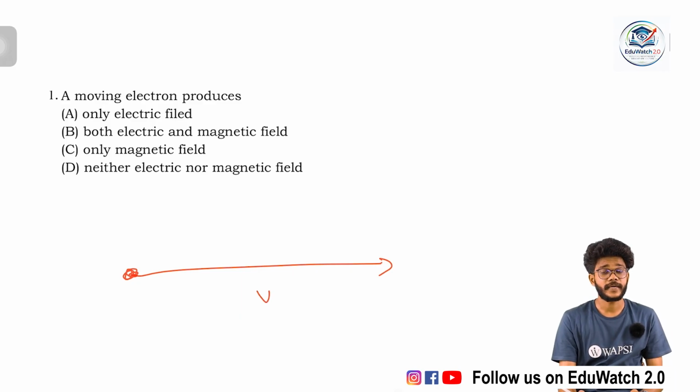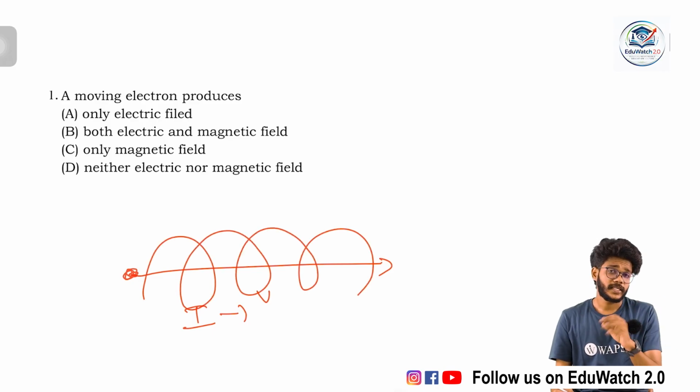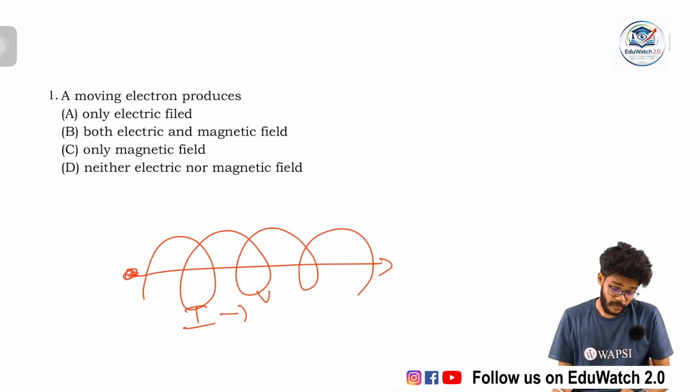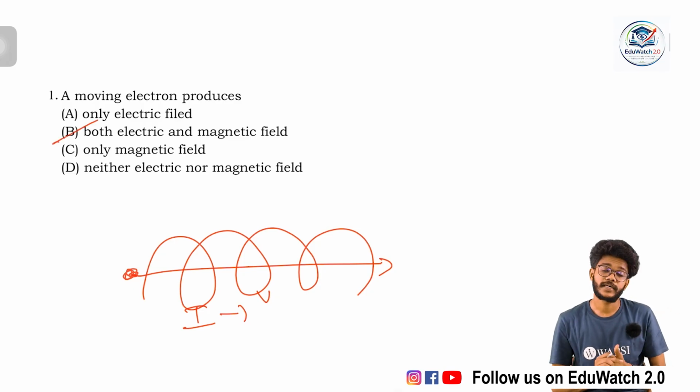That means a moving charge will produce what? Current. So a current can produce a magnetic field around it. So a moving charge can produce a magnetic field as well as an electric field. So both electric and magnetic field, option B is the correct answer.